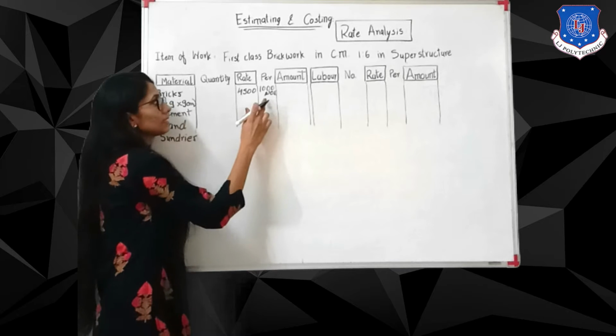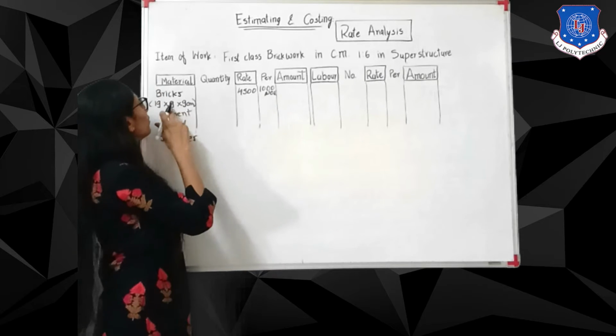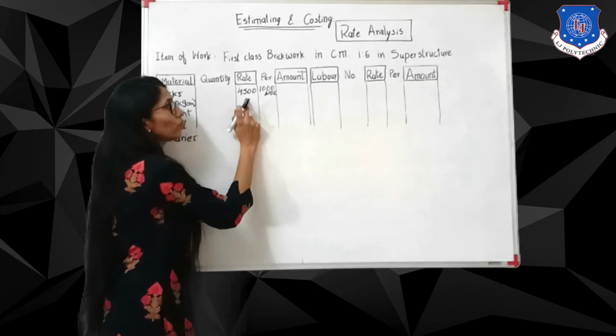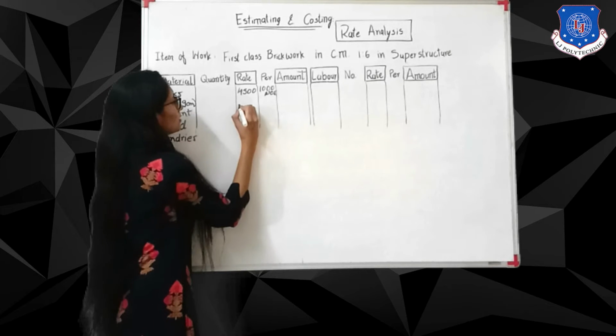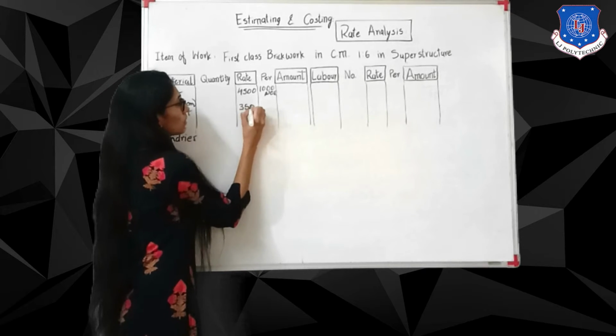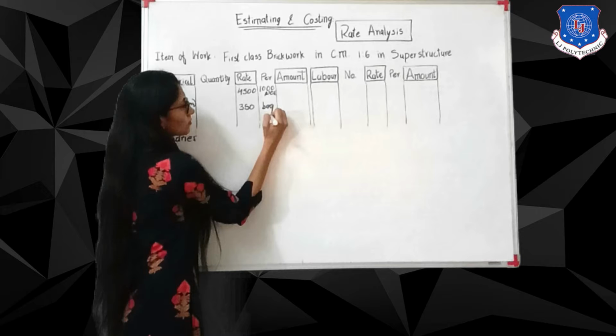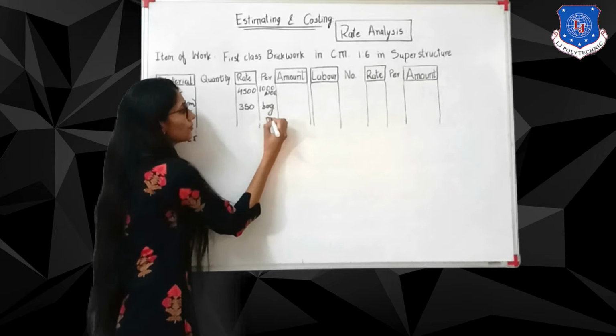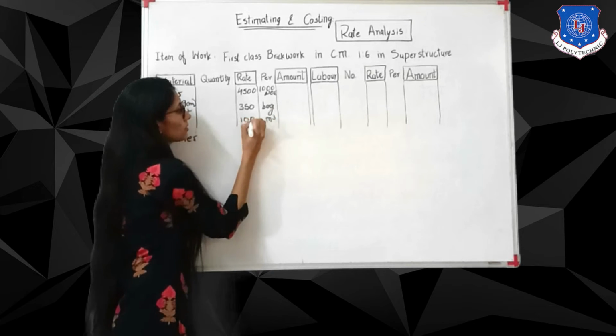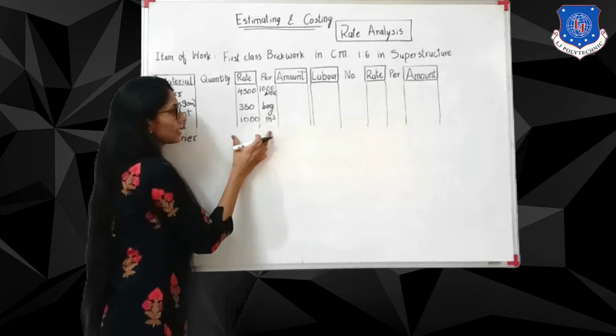If we are purchasing 1,000 bricks of this size, we have to pay 4,500. Next I'm adding the cement rate, which is 350 rupees per bag. For sand, per meter cube we are paying 1,000 rupees. So these are the basic rates.